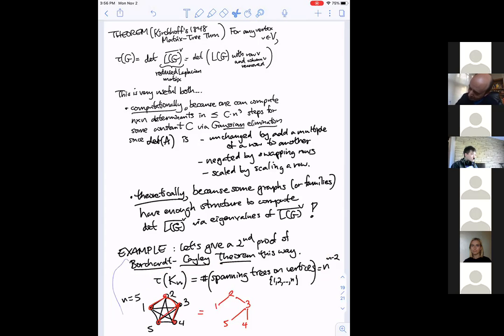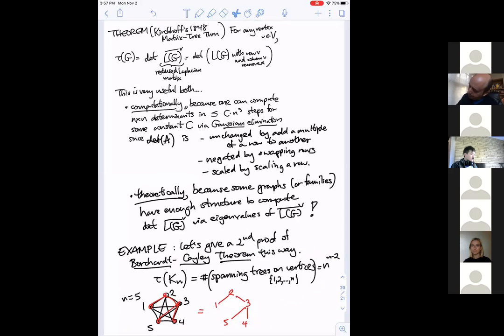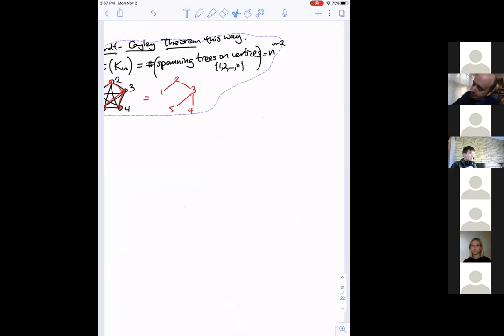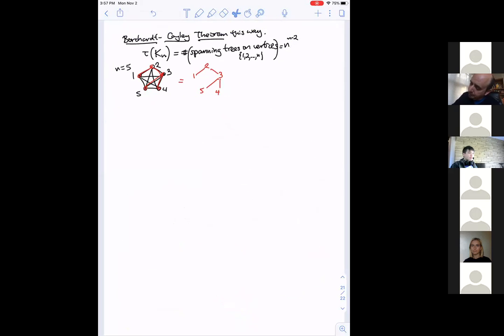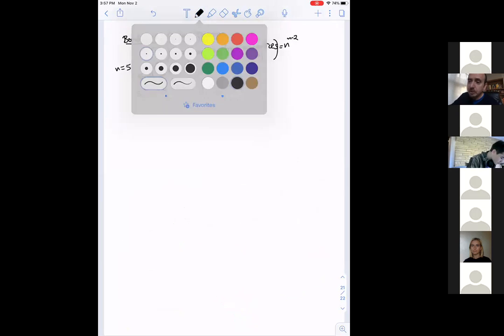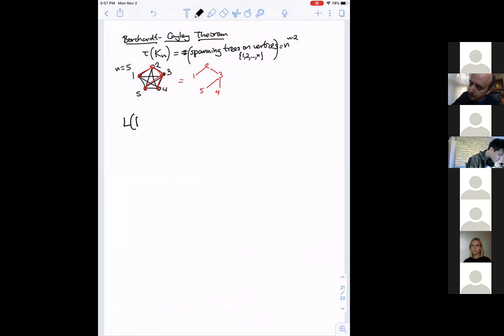So we want to show this. Let me take away the words this way. So first of all, let's compute the Laplacian matrix for Kn. That's easy enough. Here we've got an example of n equals 5, right? Laplacian of K5. This was a picture of K5. It's going to have 1, 2, 3, 4, 5 indexing the columns and rows.